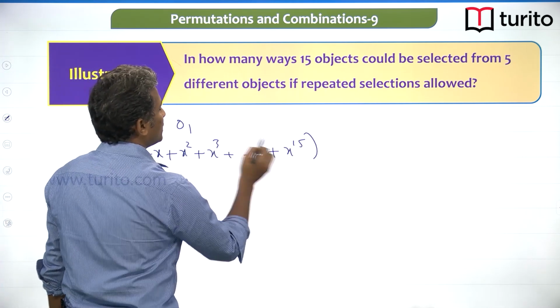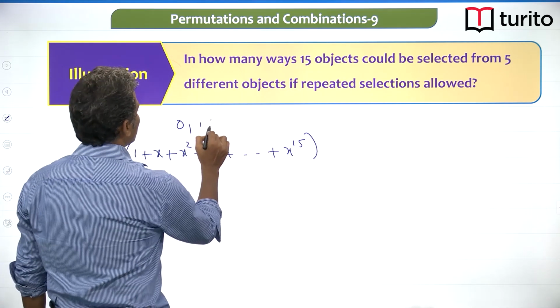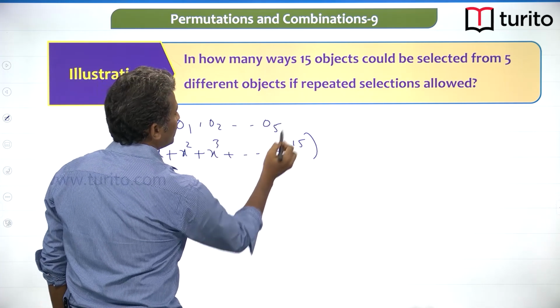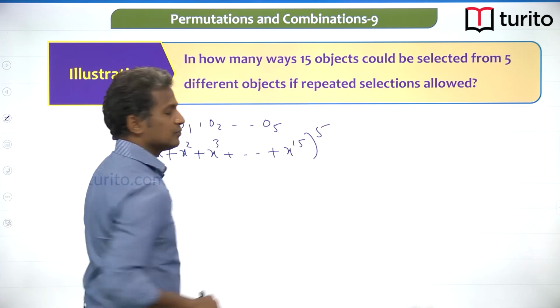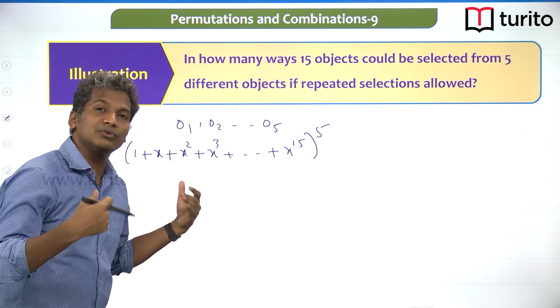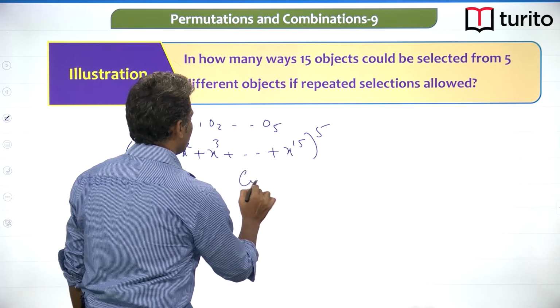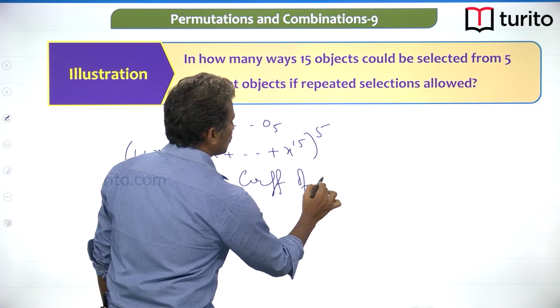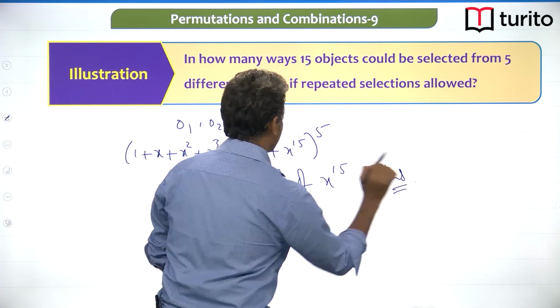Similarly, there are 5 such objects, so we take 5 such functions, raised to 5. We have to collect the coefficient of x raised to 15 from here. The coefficient of x raised to 15 is going to give you the answer.